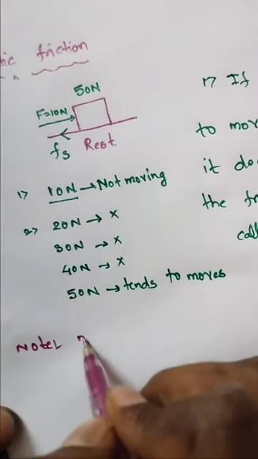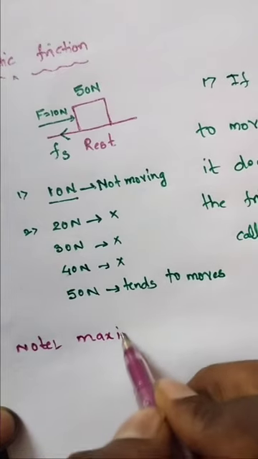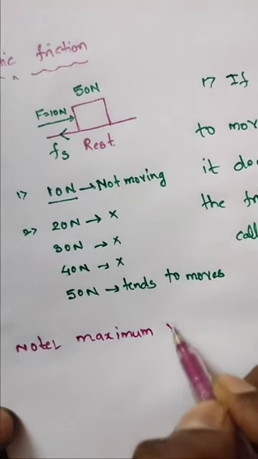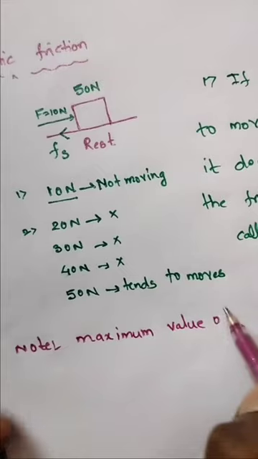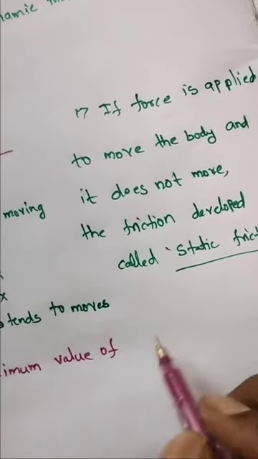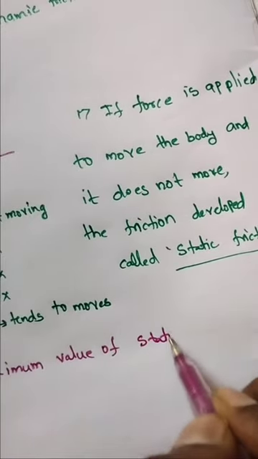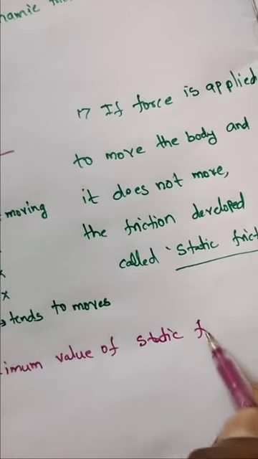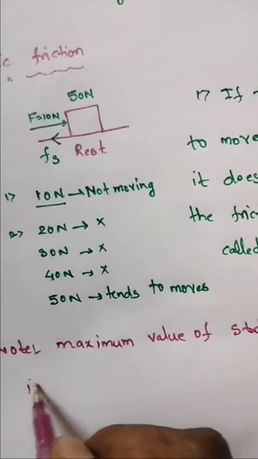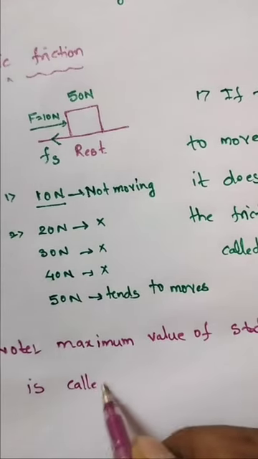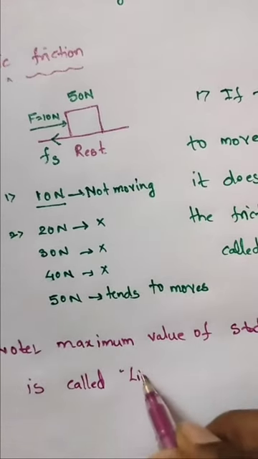The maximum value of static friction is called limiting friction.